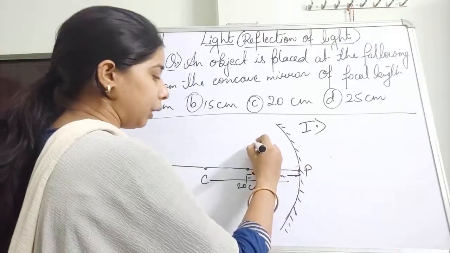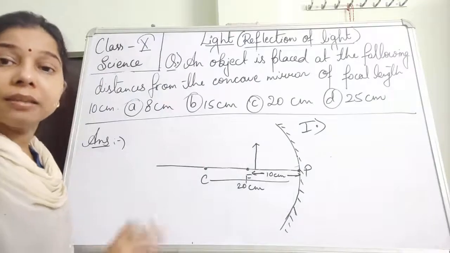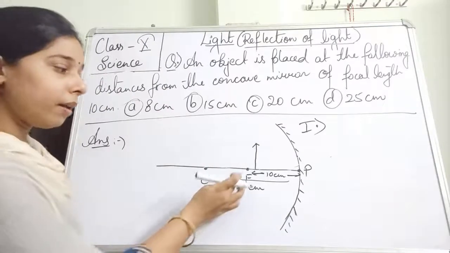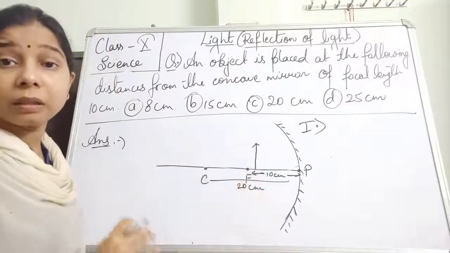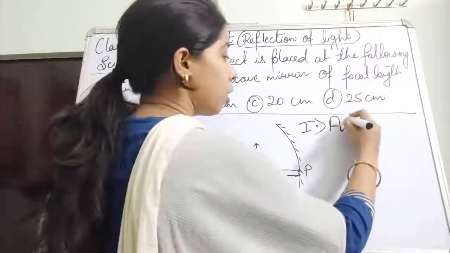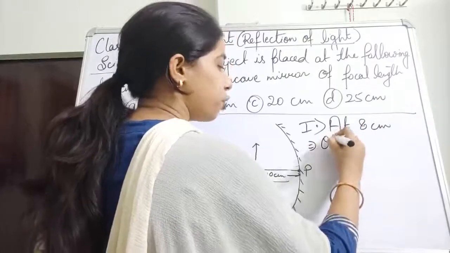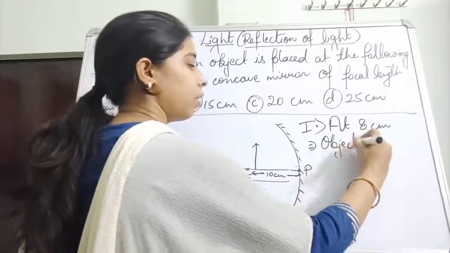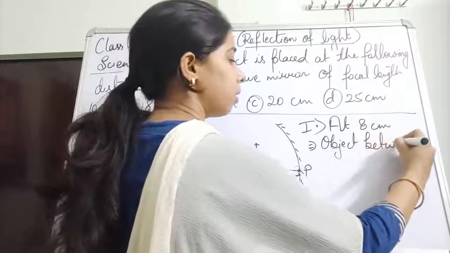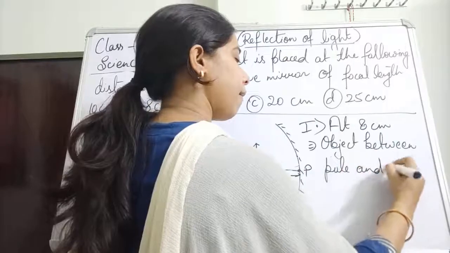It will be somewhere here, right? So in the first case, at 8 centimeter, we are keeping the object between pole and focus.